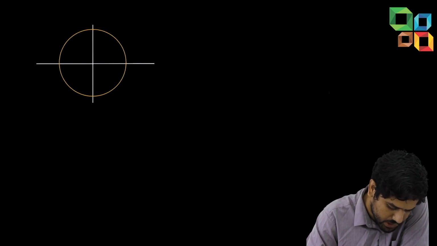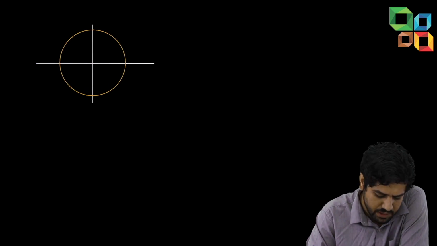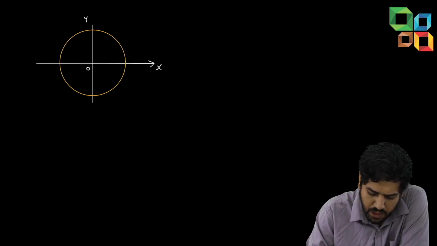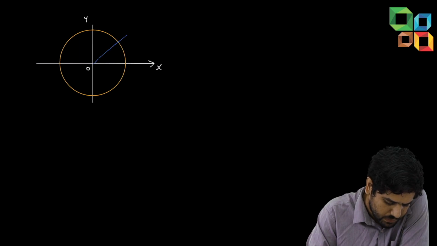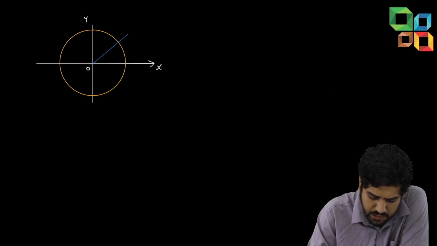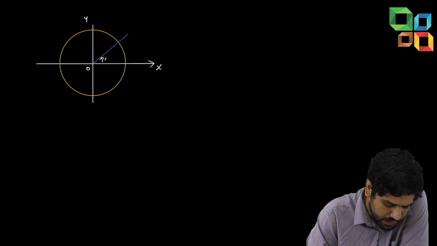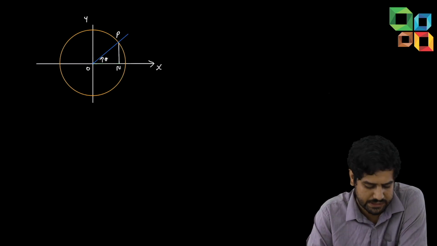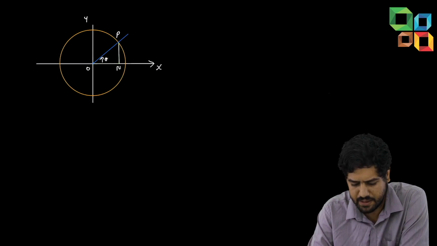And unit circle is just a circle with radius 1, right? And we have this making an angle theta or x, right? And we saw that the x coordinate is cos and the y coordinate was sine, right?